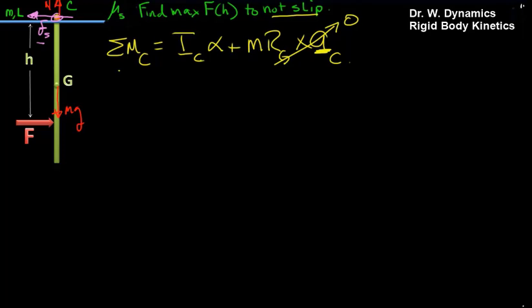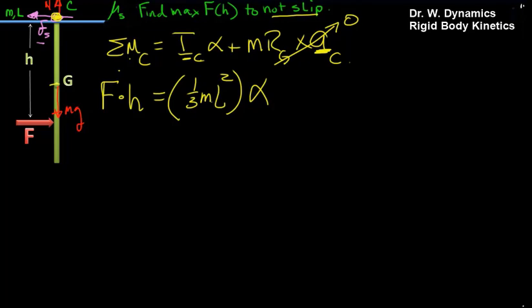And because we choose this location, this equation won't have the friction force in it. So we end up with F times h is I about C, which is 1/3 mL squared alpha, or you could do the parallel axis theorem to get that as well. But we know the rod about the end is that. And from there we get directly alpha as 3Fh over mL squared.